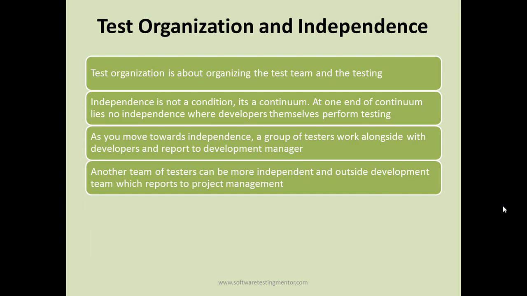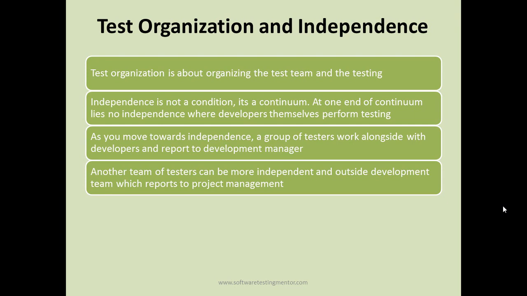So that is another level of independence, wherein there is a project manager at top, then there is a development manager and test manager, or there is just a project manager and a bunch of developers and testers working below that project manager, and those testers report to the project manager directly. So that's another level of independence.